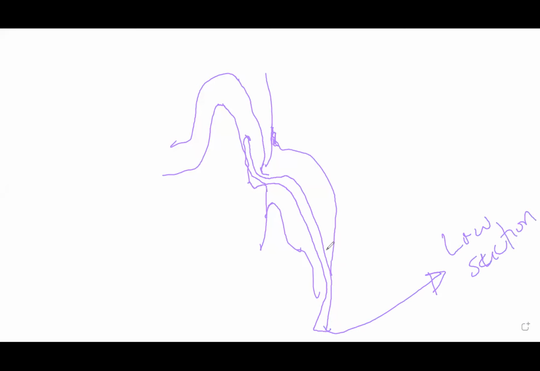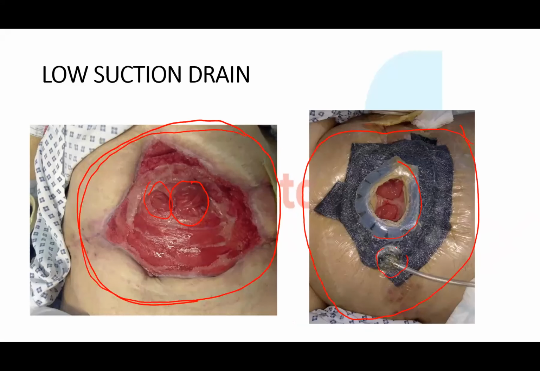Then the second tube is applied into this bag, such that the wound will be completely dry. What I'm trying to demonstrate is, this is the one that is sucking the effluent within this sealed bag.